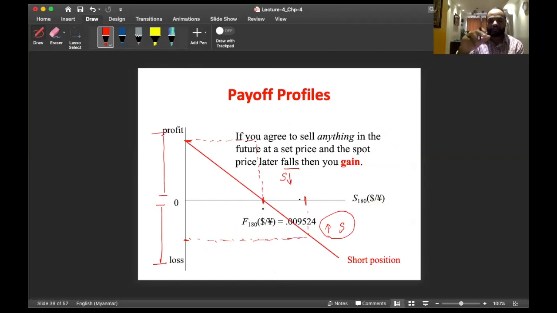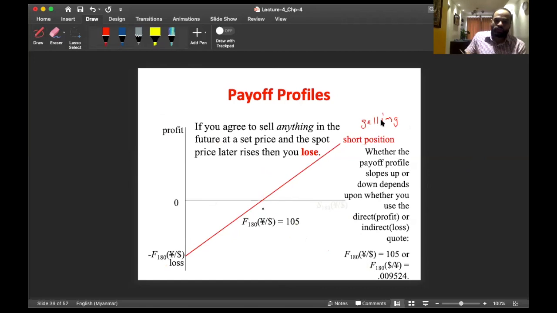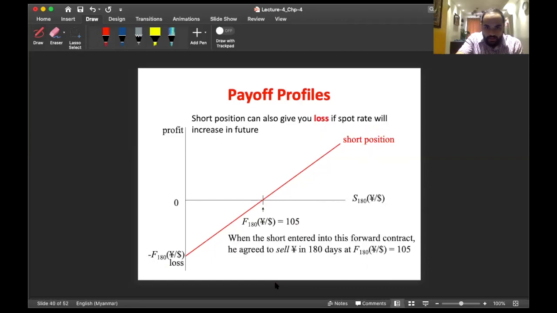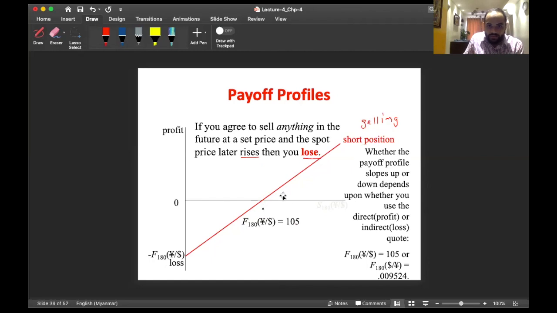We can understand this loss with the help of another graph, like this one. They are doing the same thing. Spot price up, you will lose. The loss should be somewhere here. That's the loss if the spot price goes up.